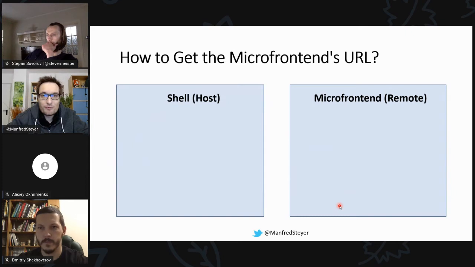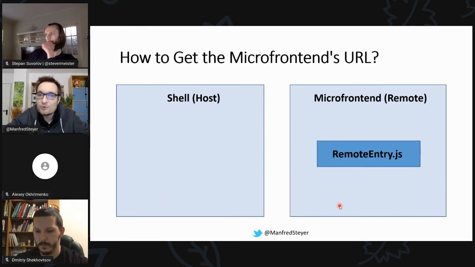Of course, to make the host capable of loading the micro frontend, it needs some metadata about the micro frontend. And this metadata is compiled into a so-called remote entry point. The remote entry point is emitted by Webpack when compiling the micro frontend. It's just a tiny file with a very tiny amount of bytes.